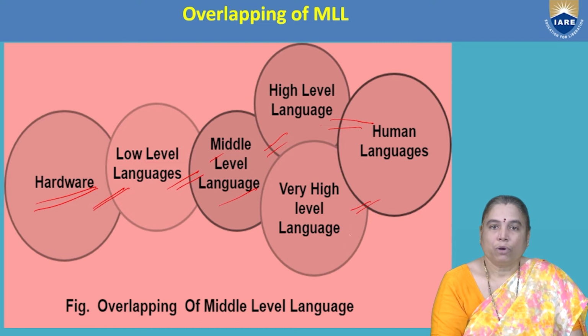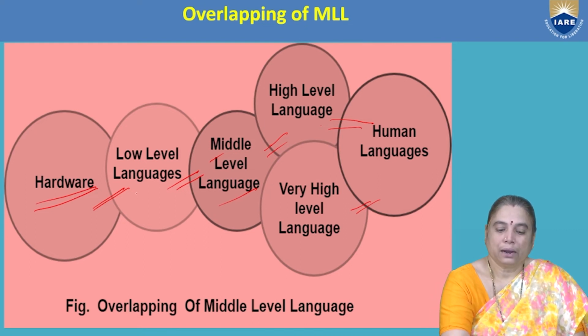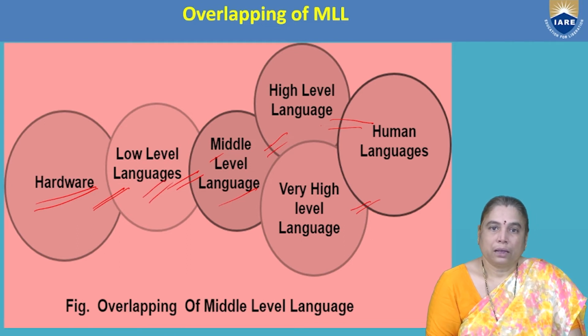So this is the overlapping of the various levels of languages. Here the machine dependent languages are generally the low level languages. The low level languages are machine language as well as assembly language.